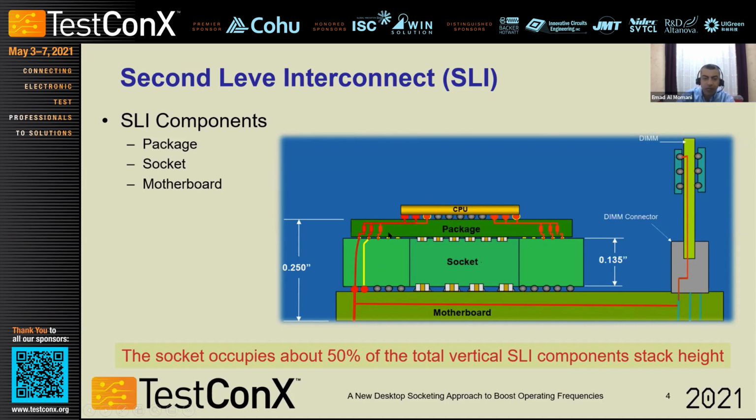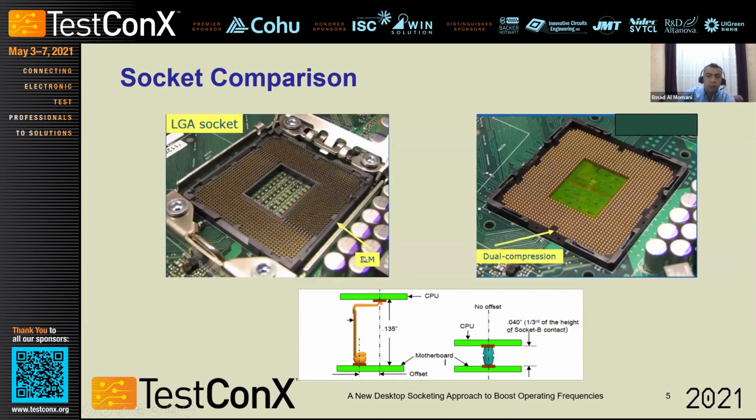This path is very critical, especially at higher frequencies, so every single piece of it needs to be well studied and optimized. And as you can see, the socket consumes about 50% of the Z height stack of this path.